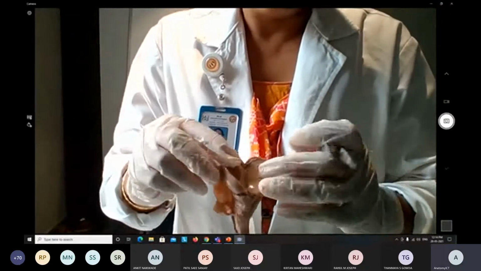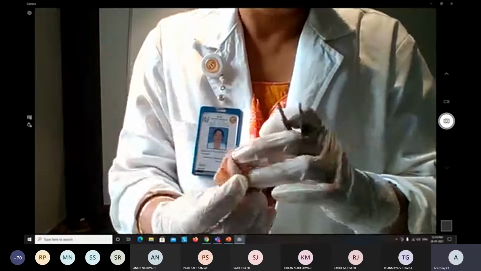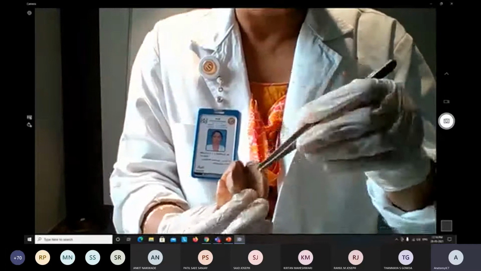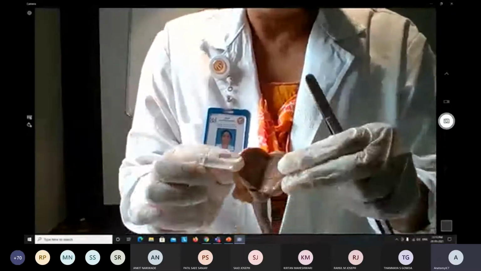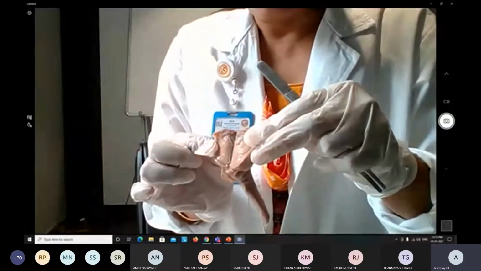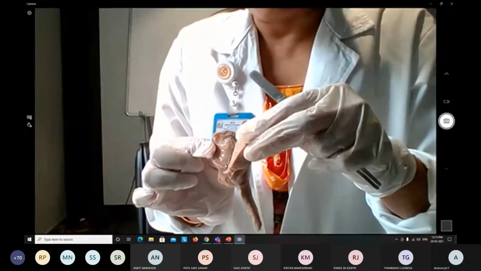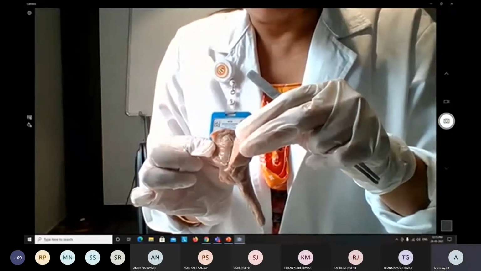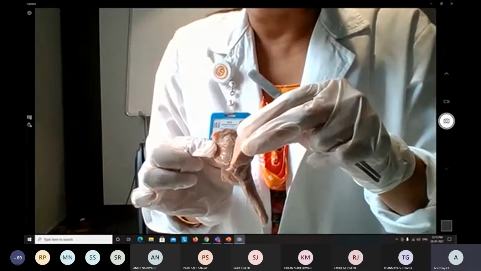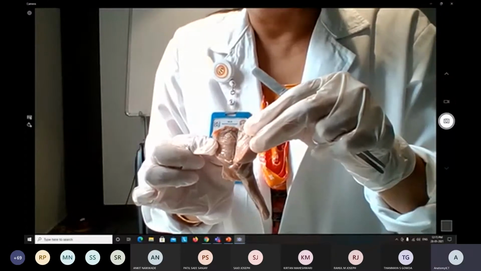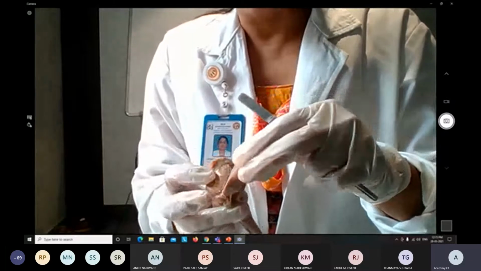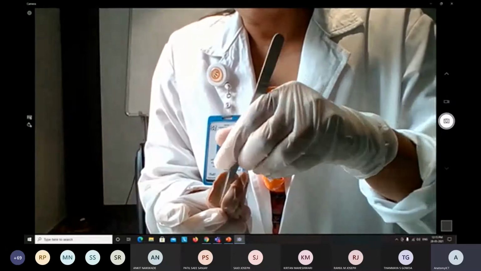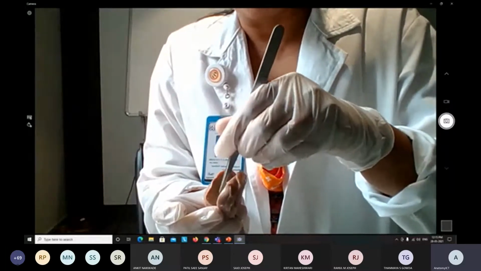It divides the testis into small lobules. There are about 200 to 300 lobules inside the testis. The tunica albuginea enters inside and covers every lobule.